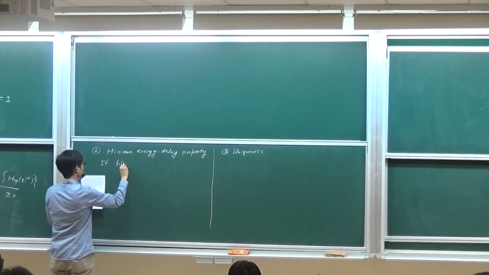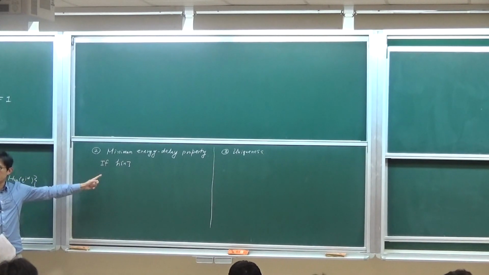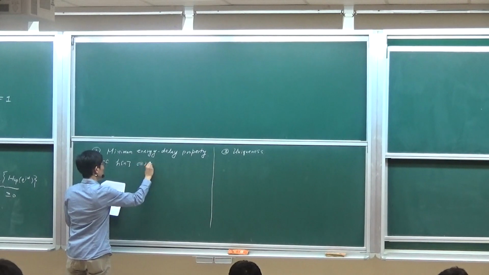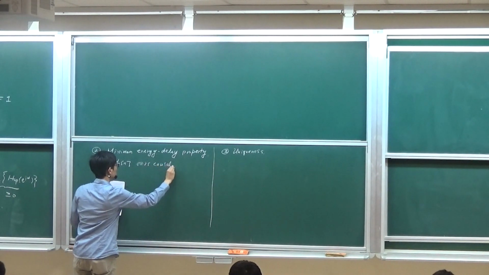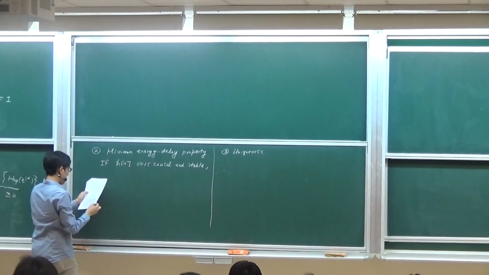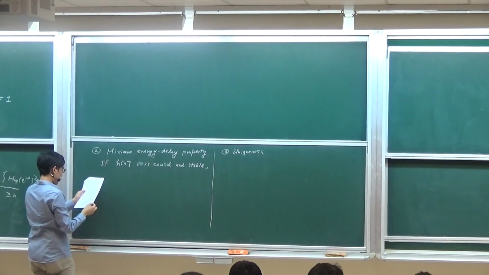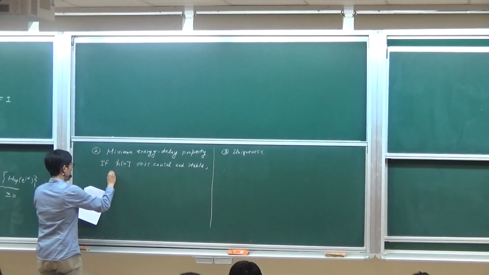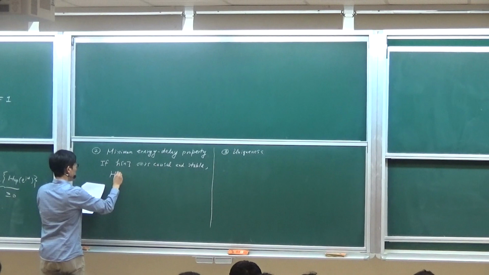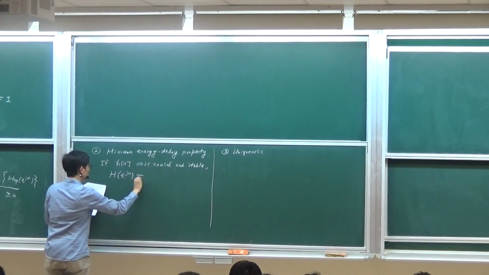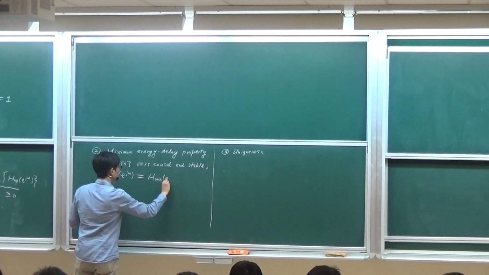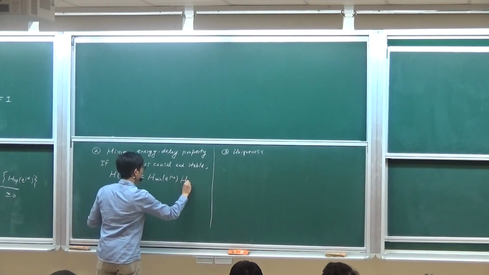If h of n is the impulse response of the system, and if h of n is causal and stable, and H is some frequency response, if it is now decomposed into the minimum phase part times the all-pass part.